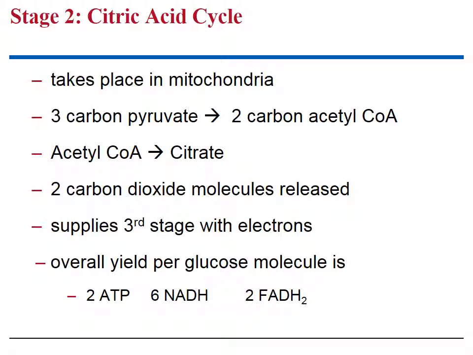Carbon dioxide is produced right at the formation of the acetyl-CoA and then also during the citric acid cycle. The overall goal is supplying the 3rd stage with electrons, with energy. So here's the overall yield per glucose, remember. Going all the way back to the beginning of cellular respiration, this is still from 1 glucose molecule.